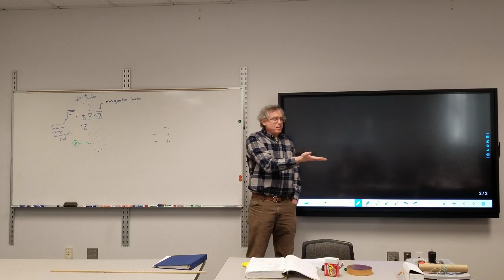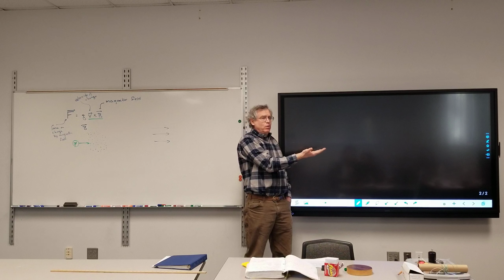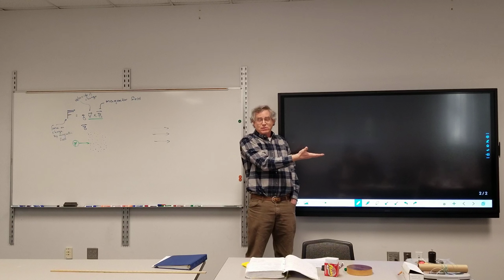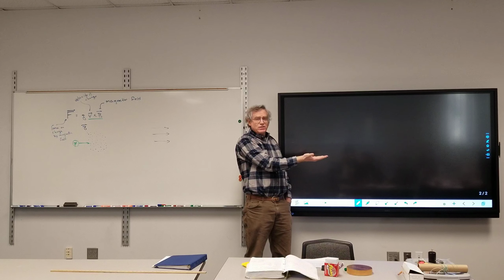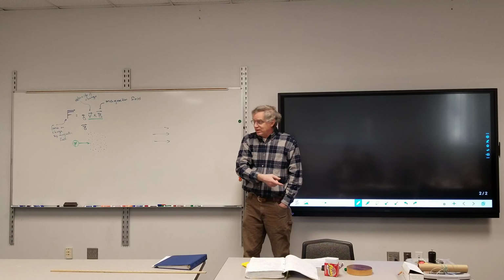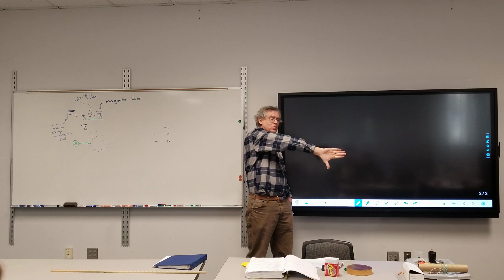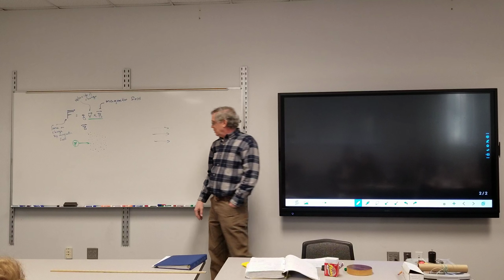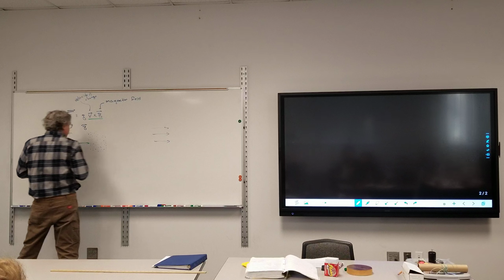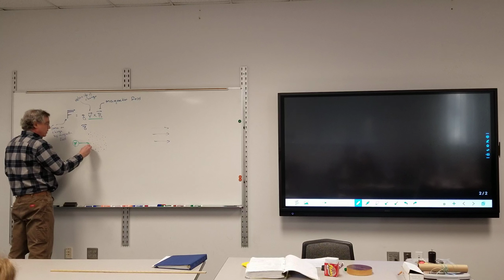I want it so that my non-thumb fingers bend towards the second vector in the quickest way possible. Since the second vector is out that way, I need to have my hand like that, so that my fingers bend towards the second vector. My thumb points in the direction of the force, or the cross product. So this will be force down.